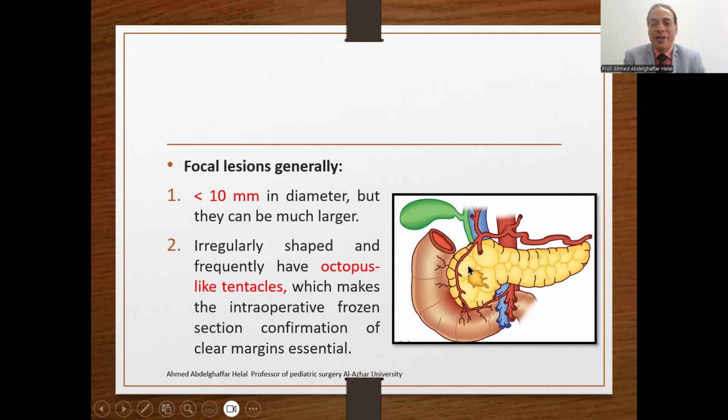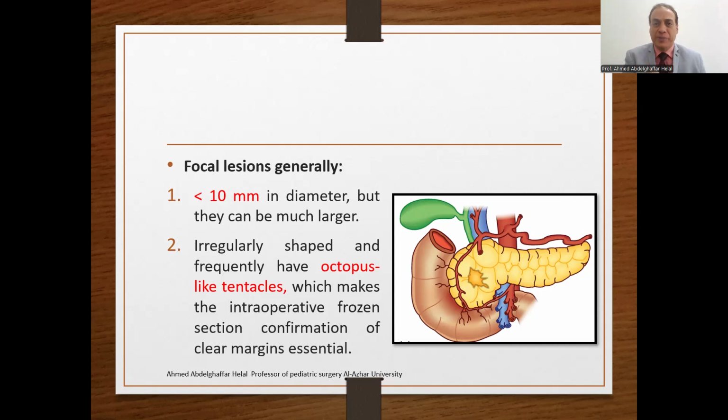The focal lesion is usually irregularly shaped and frequently has octopus-like tentacles, like dilatation with multiple projections. So these projections may mislead the frozen section to the end of the focal lesion, which makes intraoperative frozen section confirmation of the clear margin very essential.